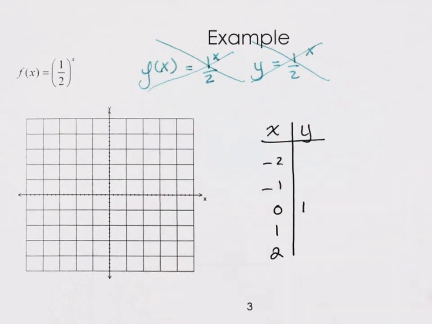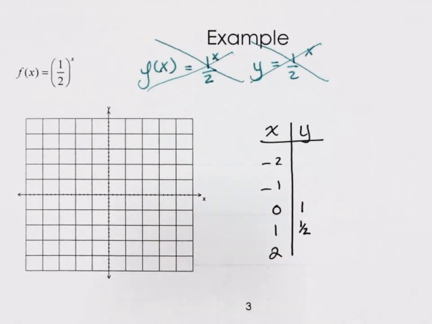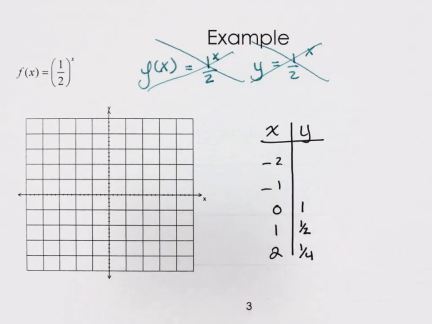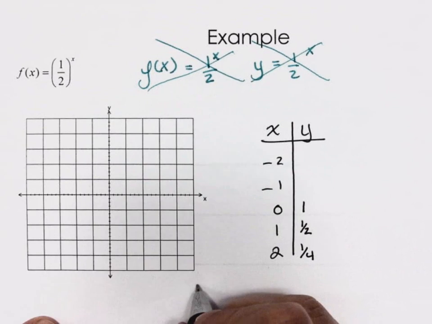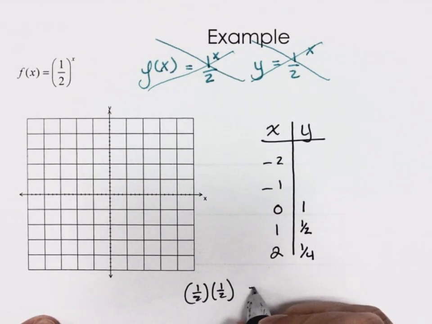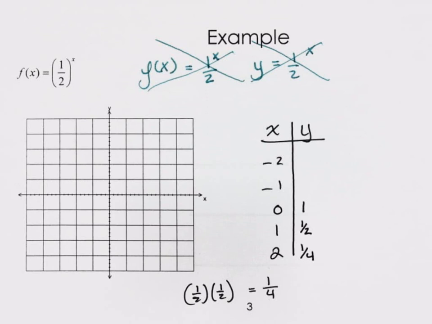Okay, so 1/2 to the exponent 1 is 1/2. 1/2 to the exponent 2 is 1/4. Because you're squaring it, so really you're taking a half and timesing it by a half. 1 times 1 is 1, 2 times 2 is 4. Right, so we're squaring it, we're multiplying, we're doing that mathematical action. The reason why I say that, you guys are like, yeah, I know that, but you have to square both the numerator and the denominator.